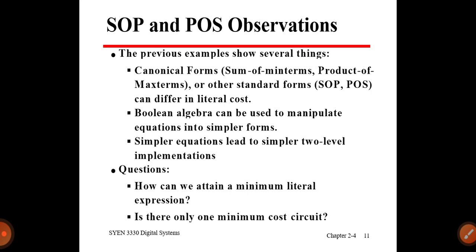Canonical forms are a sum of the min terms, a product of the max terms, or other standard forms. SOP can differ in literal cost. Boolean algebra can be used to manipulate the equations into simpler forms. A simpler equation leads to a simpler two-level implementation.